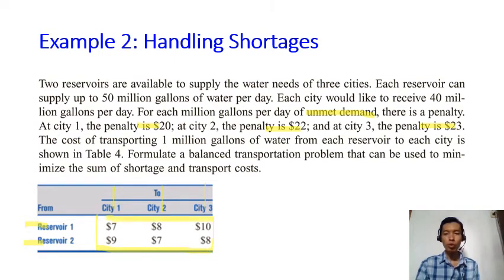And we would like to formulate the problem that can be used to minimize the sum of shortage and transport costs. So transport costs come from this table, and the shortage costs come from the fact that we cannot satisfy all the demands because the supply that we have is only 100 million gallons, but the demand is 120 million gallons.